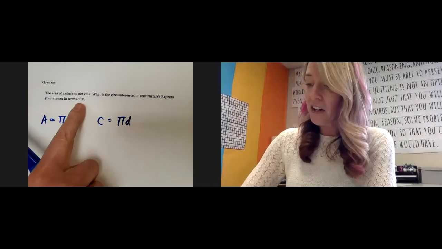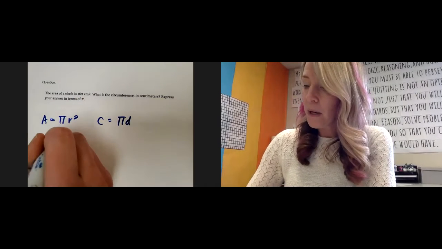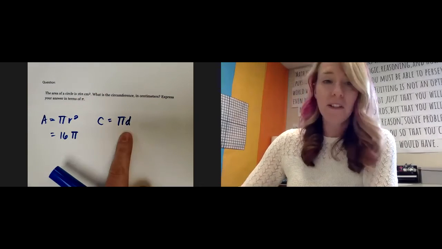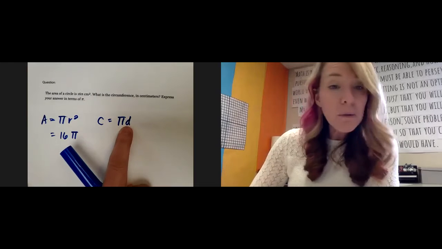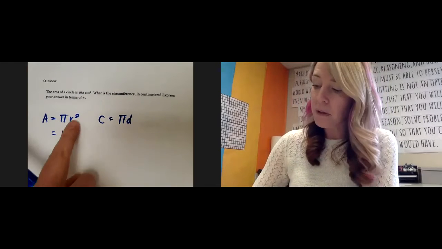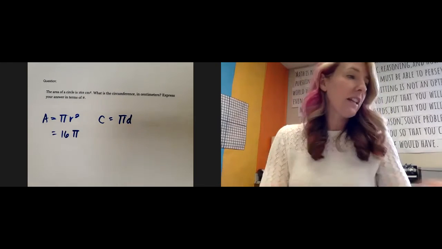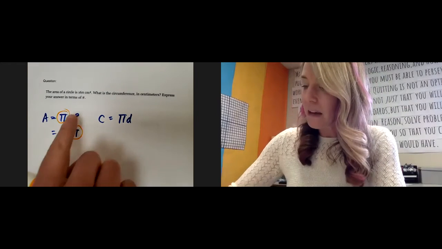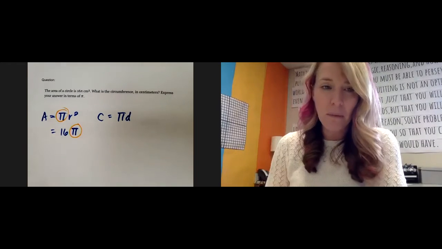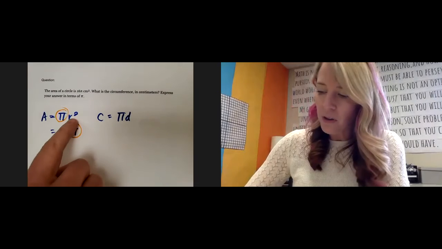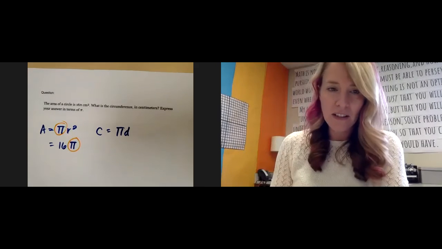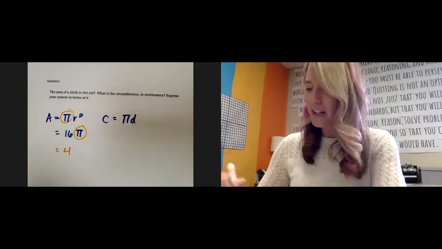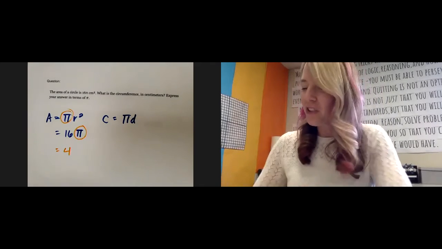Now they're saying the area is 16 pi. What's the circumference going to be? I don't know the diameter yet, but I'll be able to figure it out. Pi is taken care of. So pi times radius squared, pi times 16. That means 16 has to be some number squared. What squared is going to equal 16? 4. Good job, guys. 4 is your radius.